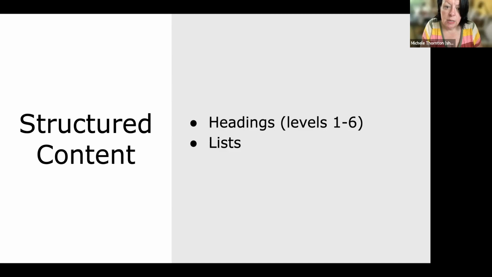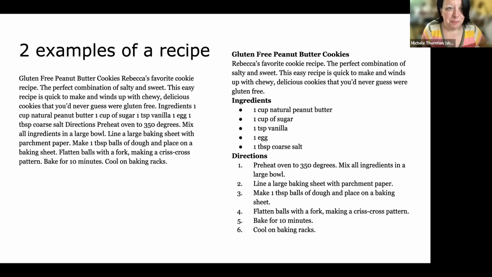There are 2 main focus areas that we think about with that, and that's headings and lists. I will show you an example of exactly what those are in just a moment.